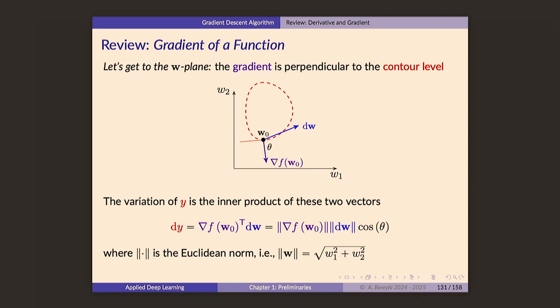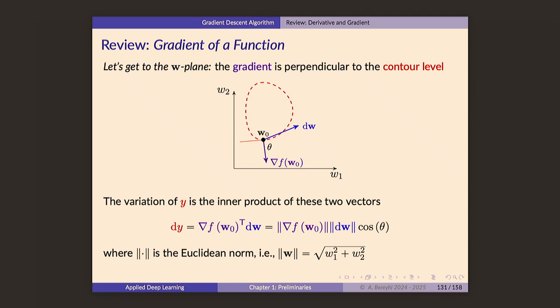Now, if I want this to be maximum, which is the change in my function, what should be the value of theta? 0. If I put theta to be 0, then the change in the function is maximized because the inner product is maximized, correct?